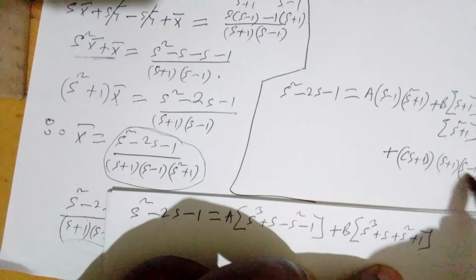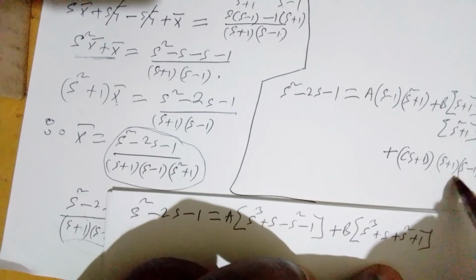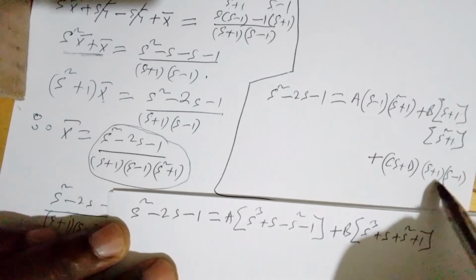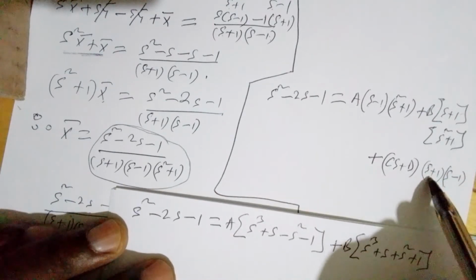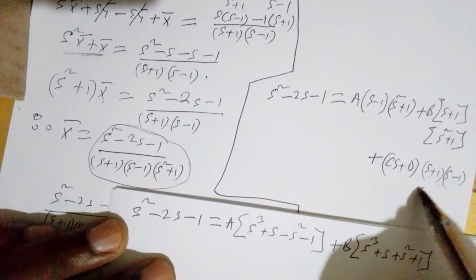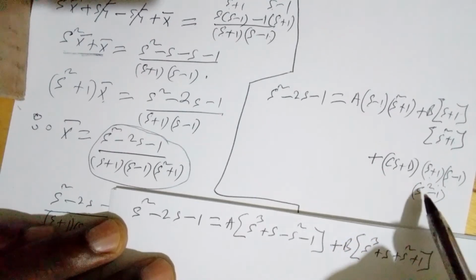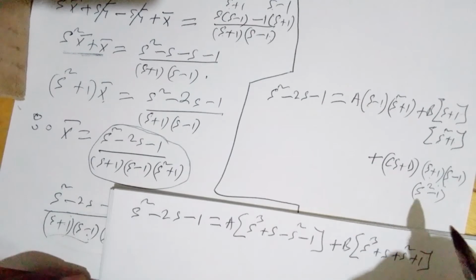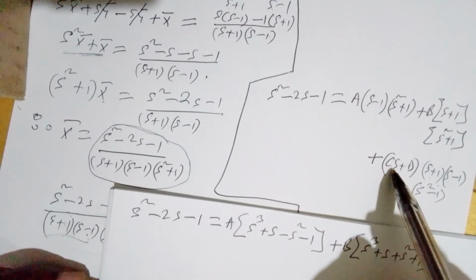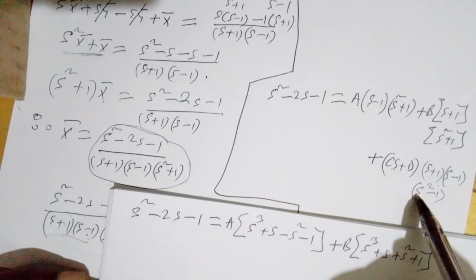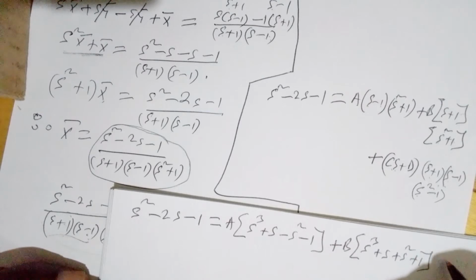Then this is a difference of two squares. When you multiply s plus 1 into s minus 1, you get s squared minus 1. Therefore here we shall have Cs times s, we get plus Cs squared.